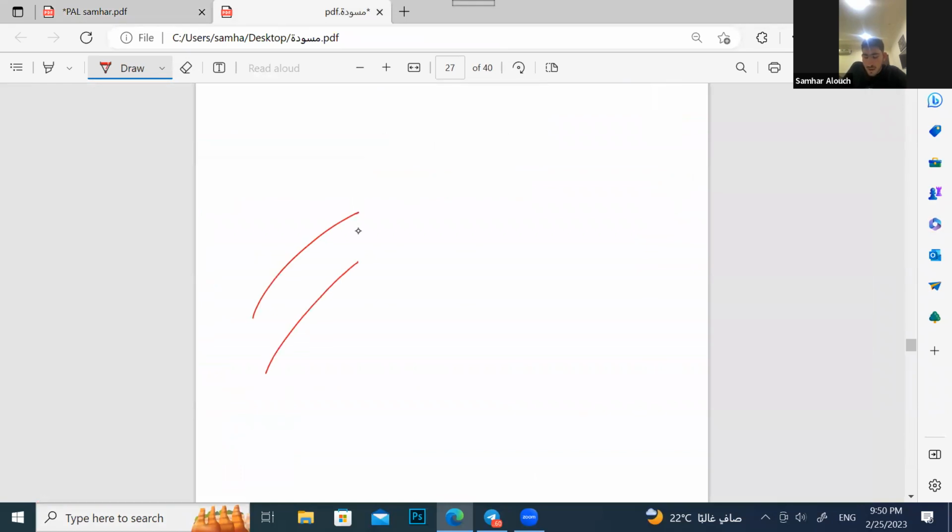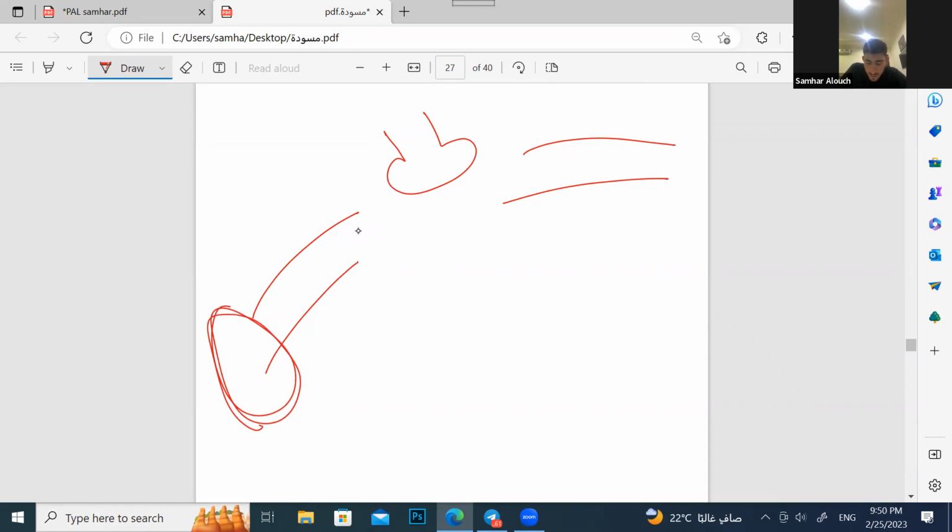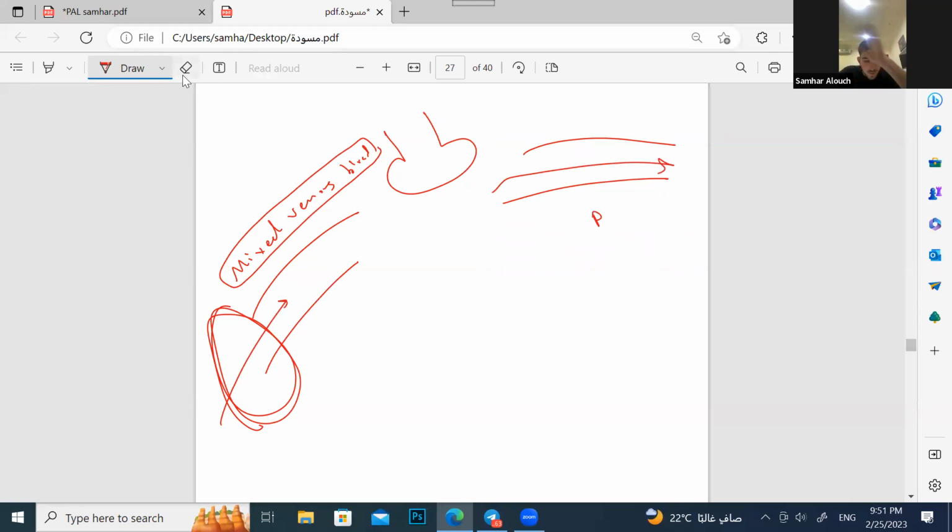If you have this blood vessel, and this is the alveoli, and this is the blood vessel itself, the blood coming from this part is called mixed venous blood.